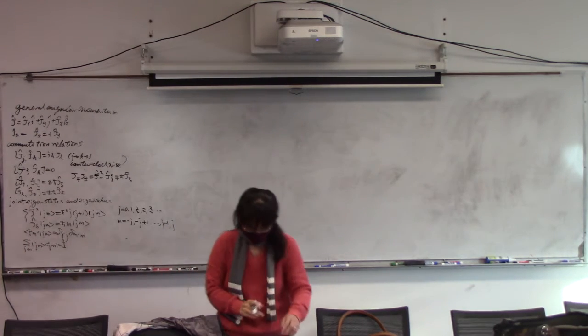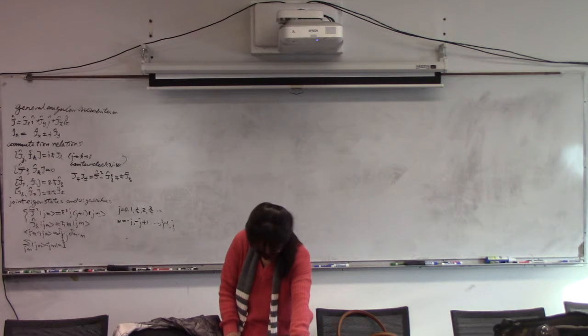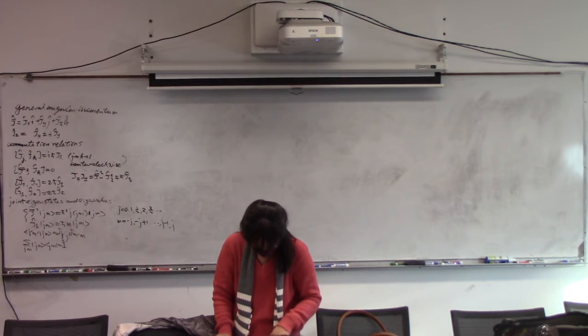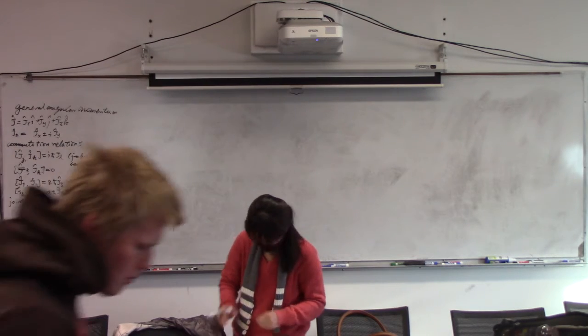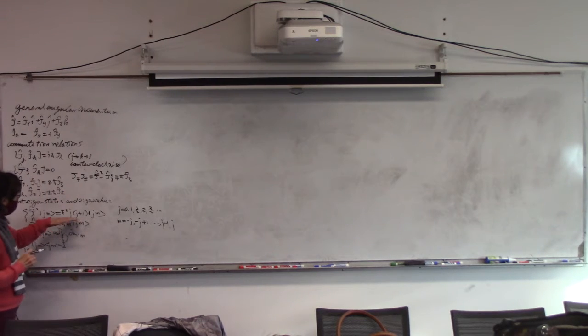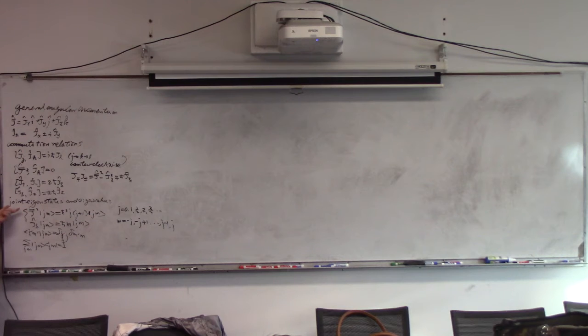This is a summary of what we discussed so far. I introduced the general angular momentum, and we discussed its commutation relation. We introduced J plus minus so we can determine the allowed eigenvalues of J squared and Jz, because they mutually commute.